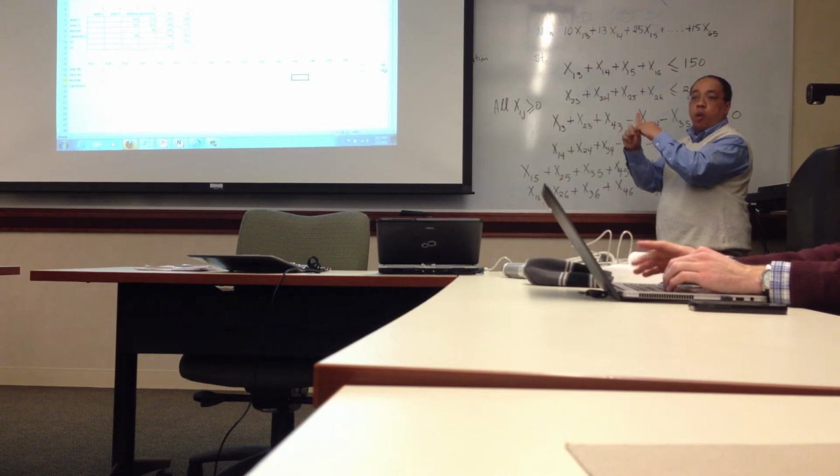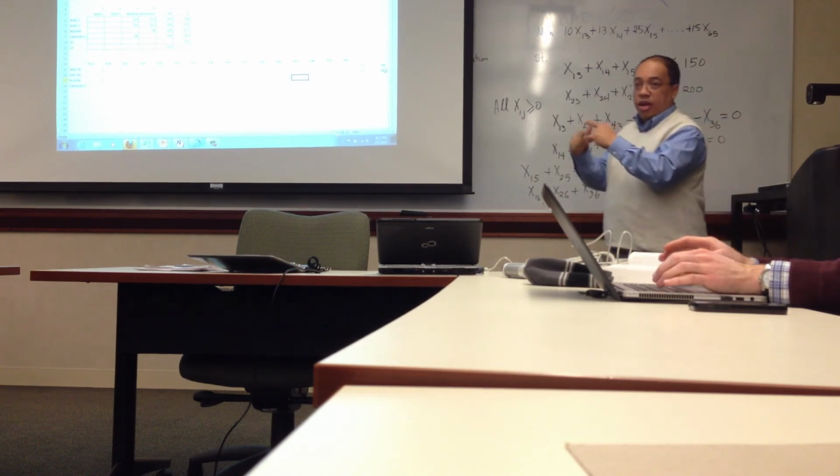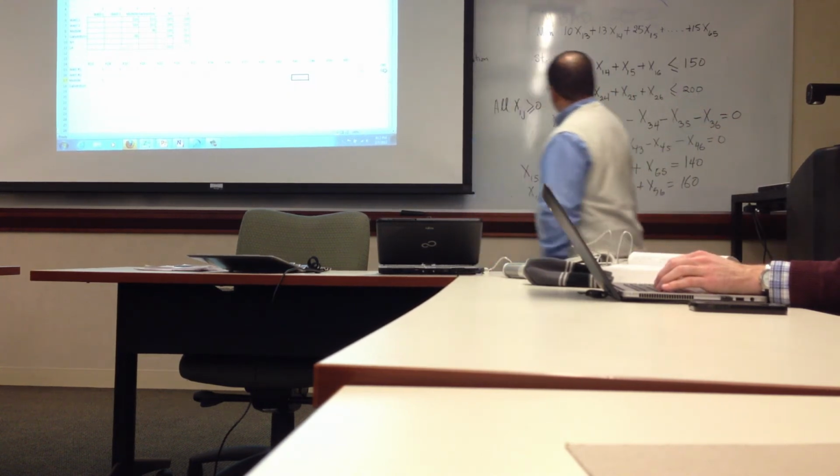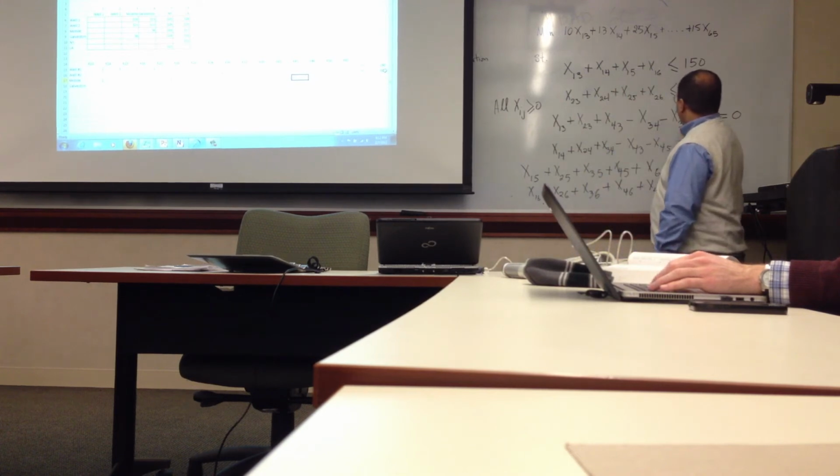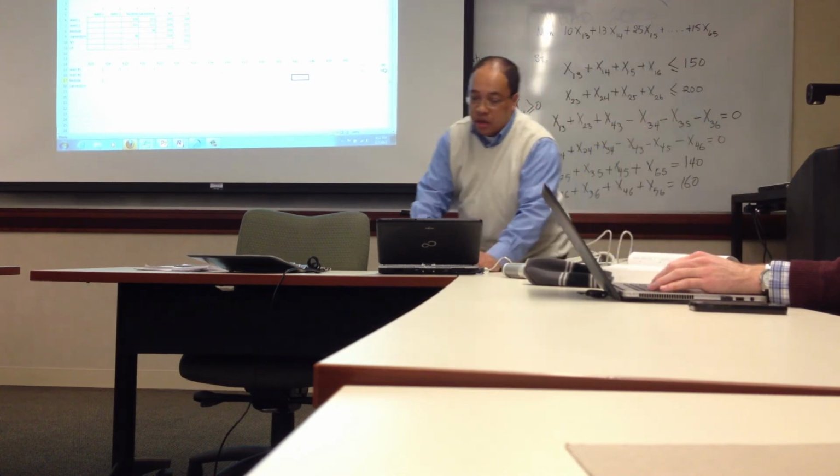That means there's a minus 1 in front of these, right? So instead of 1, you type minus 1. So I look where those numbers are. 3,4 is here, so I type minus 1. 3,5, and 3,6 must be equal to 0.